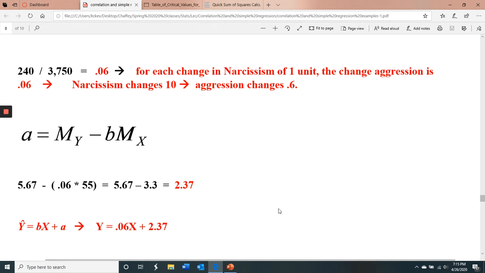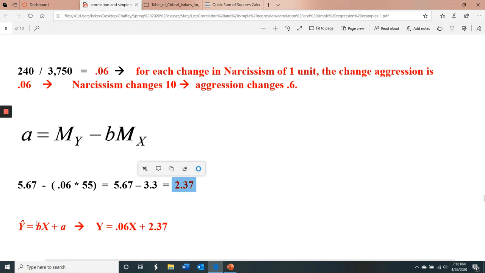There's our b, 0.06. So the mean of y was 5.67 minus the slope, 0.06, times the mean of x, which was 55. So if we take 0.06 times 55, we get 3.3. So we take 5.67 minus 3.3. Our y-intercept is 2.37.